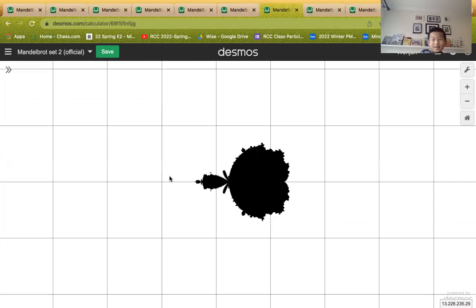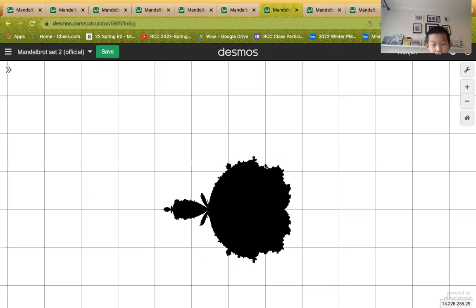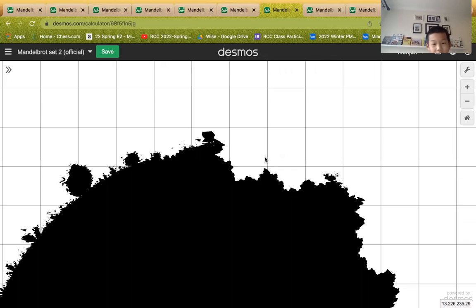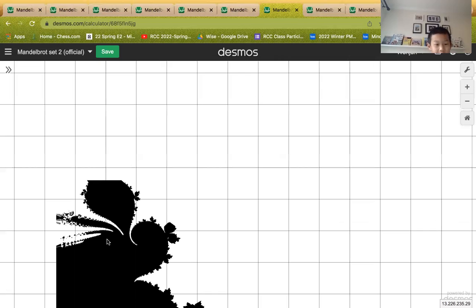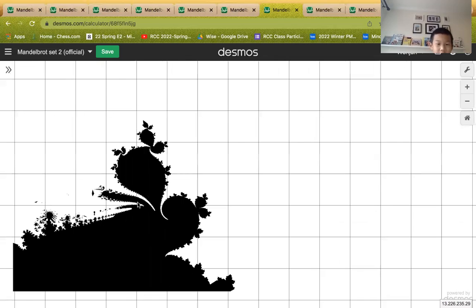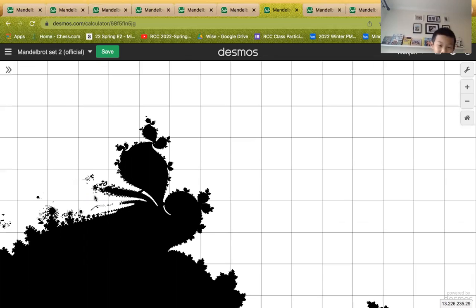So obviously, it seems like there's a big bump over here. But why? Of course, it's still constructing itself. But those are truly beautiful spirals.